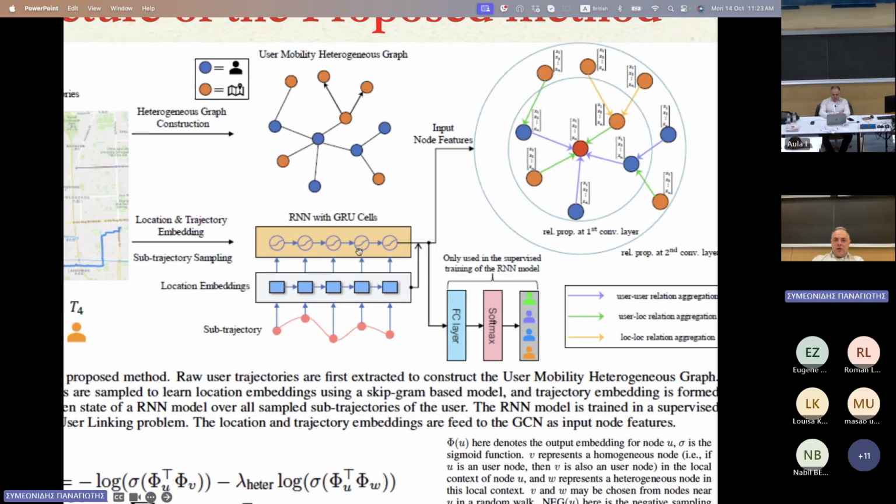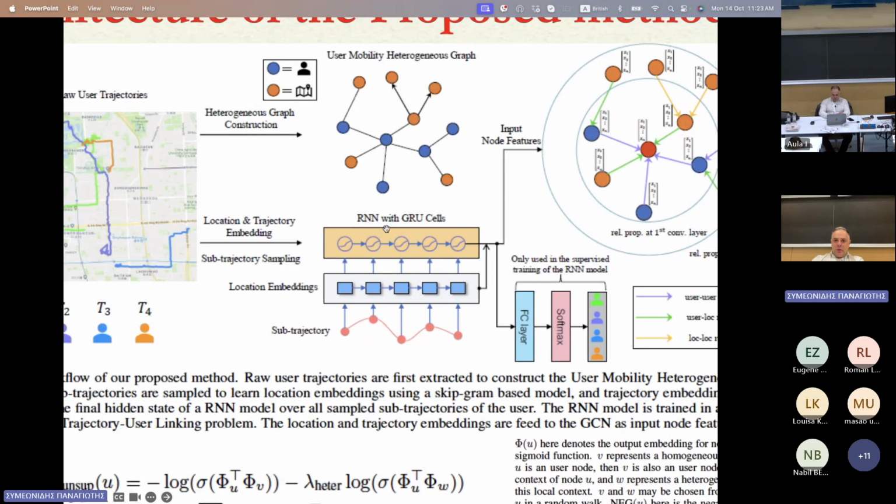And they use a recurrent neural network. Probably this recurrent neural network is used in order to forget information which is time-obsolete.